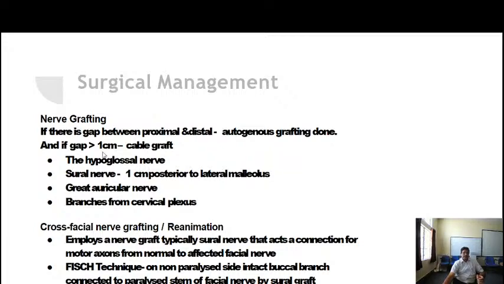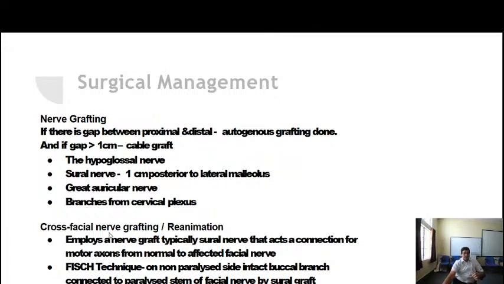Okay, so the various nerves that are used are the hypoglossal nerve, the sural nerve, great auricular nerve, and sometimes the branches of the cervical plexus. These are used as grafts, which are placed in between the proximal and the distal end.